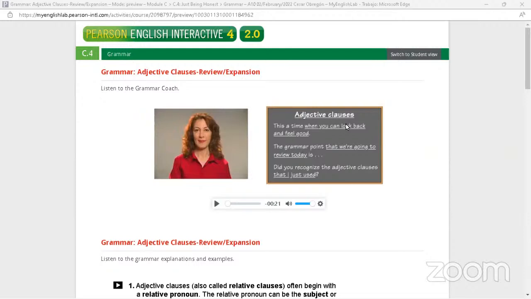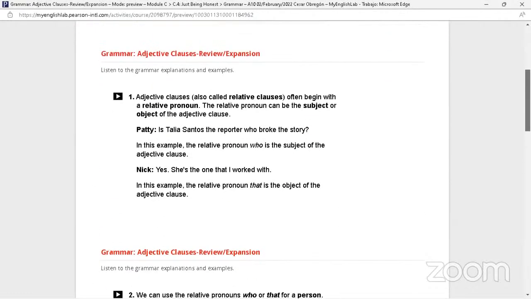Do you recognize the adjective clauses that I used? What do you have to use as a connector? You use WH words, you use that. That's how you know that you are using a clause. You're connecting another statement or question. But let's talk about these details, okay? This is just the introduction. So, are you ready? Yes.